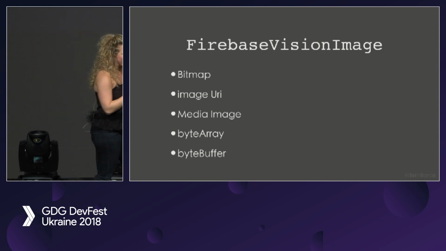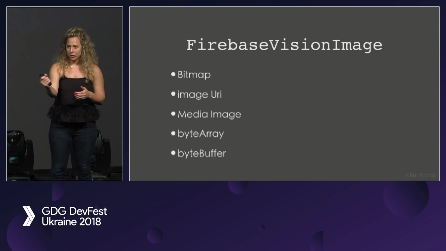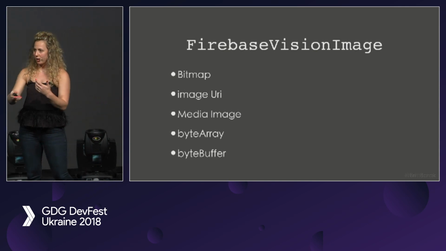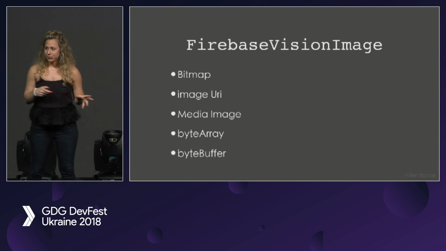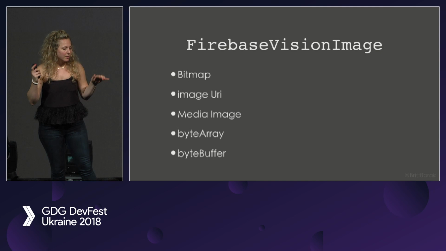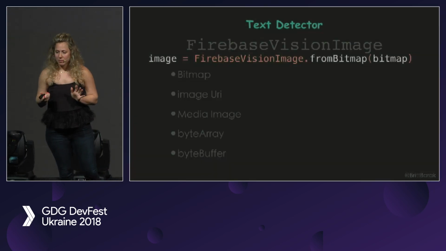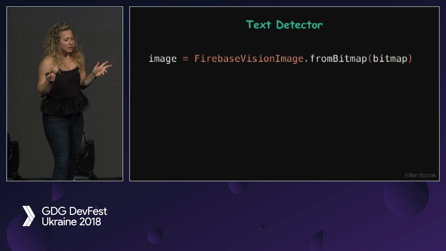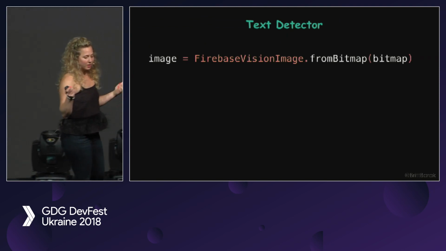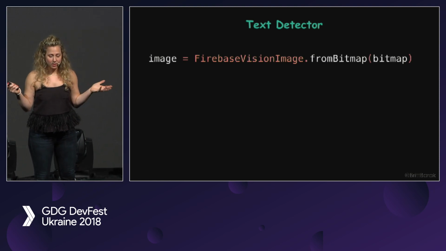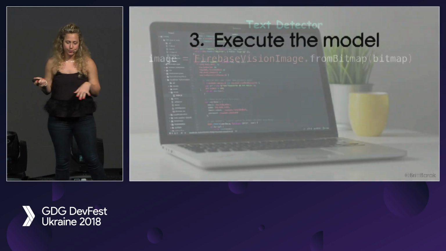It's just as simple. And then I have media image, so if I use the camera, as we saw before, for video chats and stuff like that, I can use that. Also, byte array and byte buffer. Once again, it's as simple to use. So I just create a FirebaseVisionImage, that's it, with one line. And this is an input I can actually use.